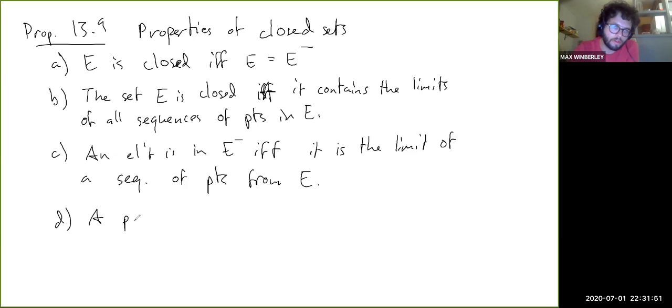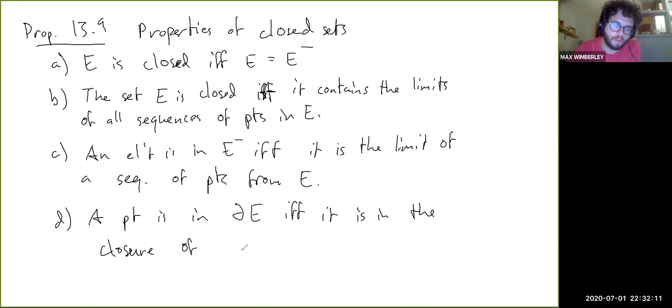A point is in the boundary of E if and only if it is in the closure of E and its complement.